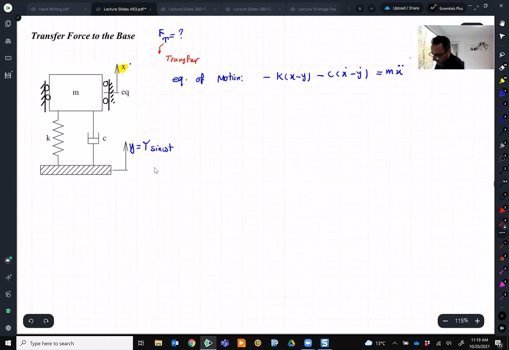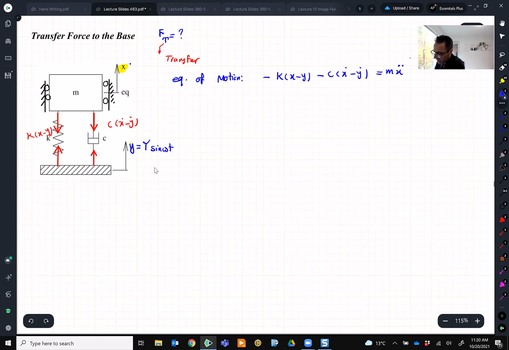And we know that on this base, the same force that we have here goes to the base as well. So this one is c(x dot minus y dot), and this one is k(x minus y).